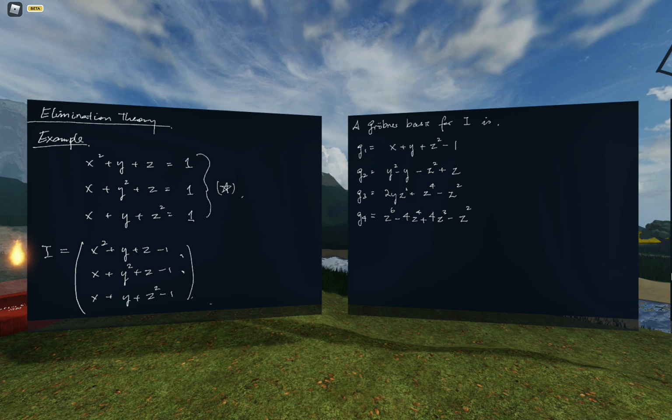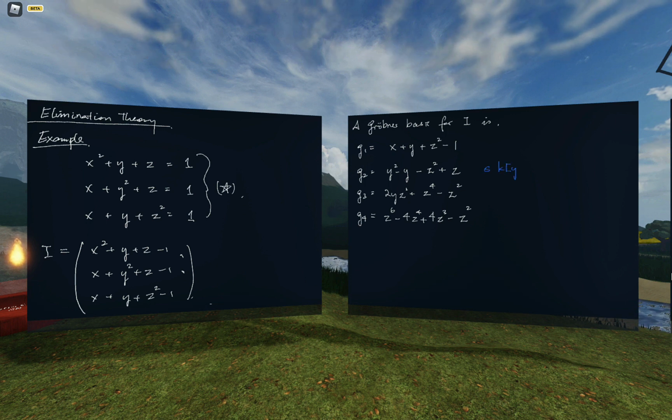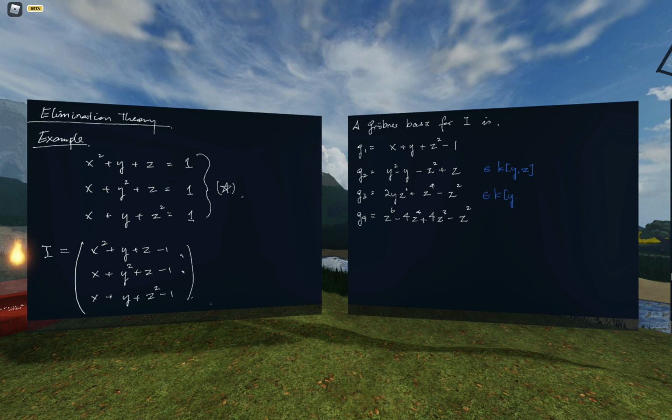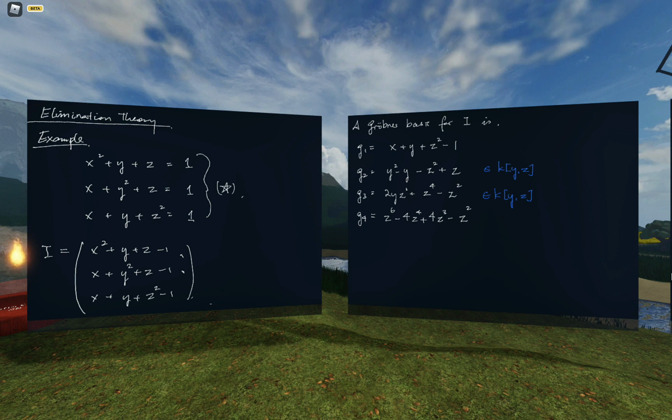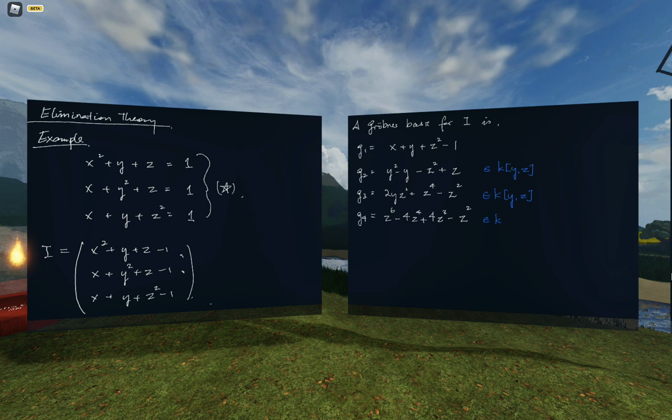So this is something that's going to be relevant later on. So let me just make a note of it. These two belong to the subalgebra generated by y and z. And the last one is even better. The last one here just has one variable.